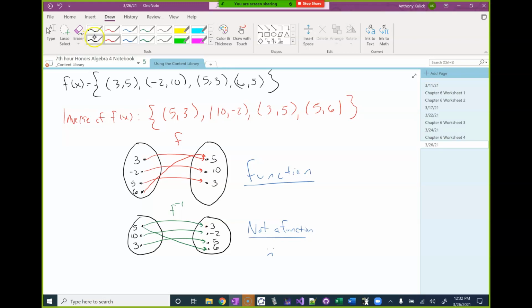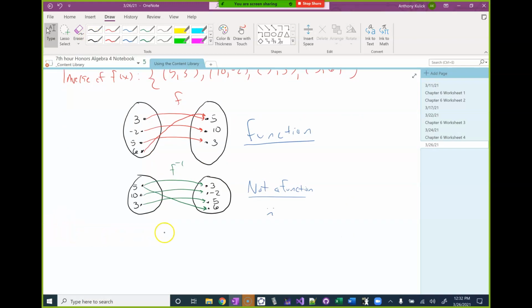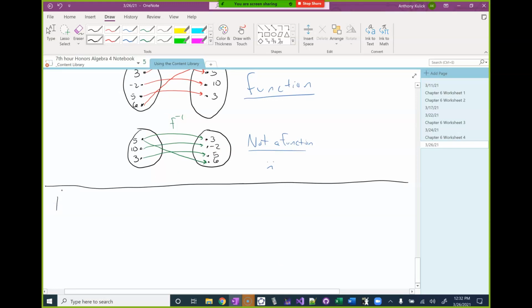So how would I know if a function's inverse is still a function? I can tell from f of x.